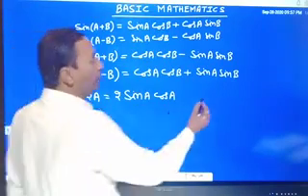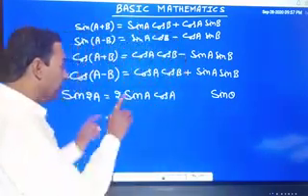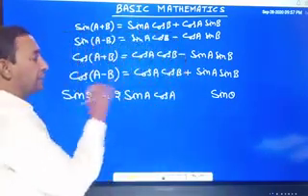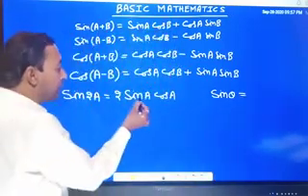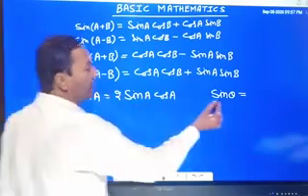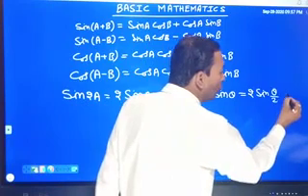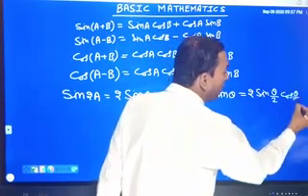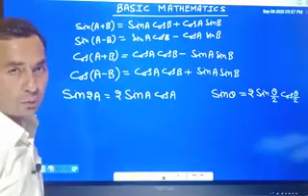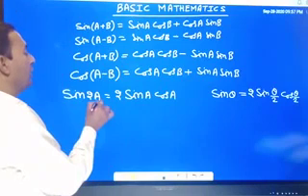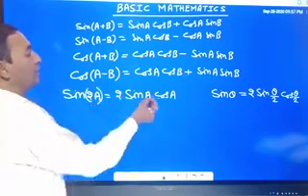If we have to find sin theta, we apply this formula: A is replaced by theta, and 2A becomes theta, so we halve it. Then it becomes 2 sin theta by 2 cos theta by 2. You can use this formula this way also. And if it is sin 2 theta, then it is 2 sin theta cos theta.